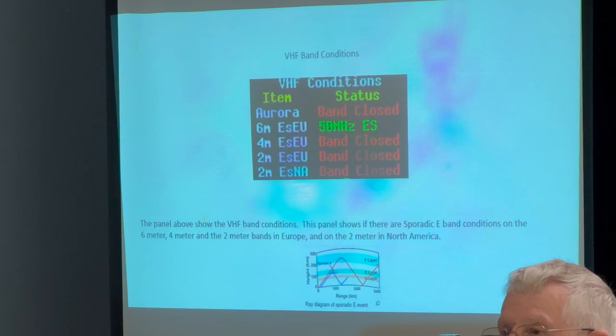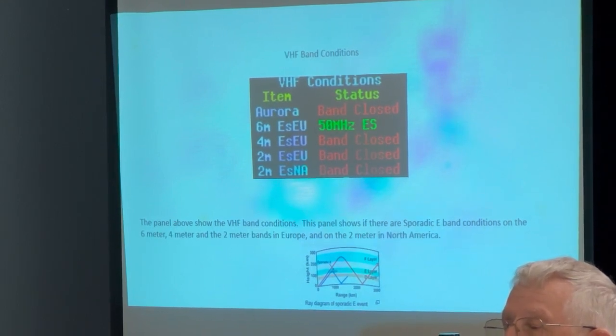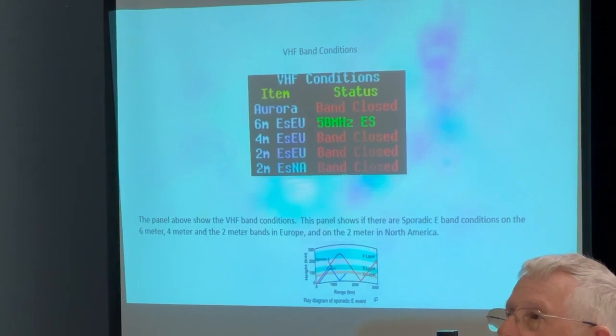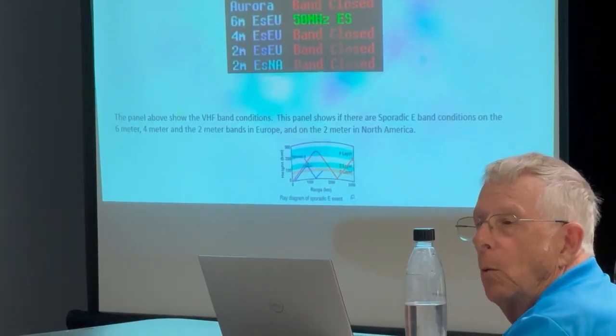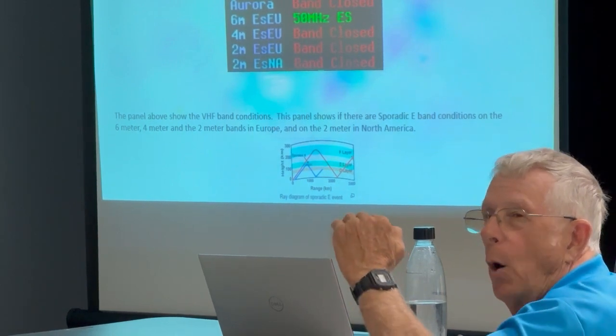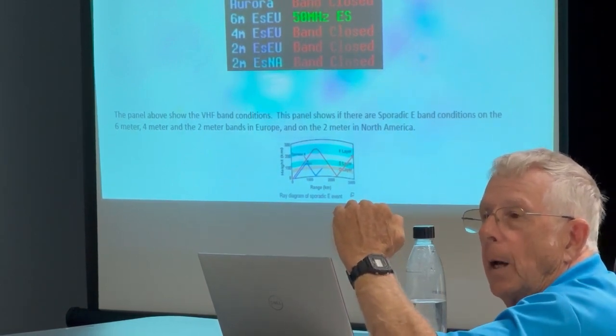Right. Now, in the VHF there are basically three methods. You have your direct line of sight, where you can get a little bit over the curve of the Earth.